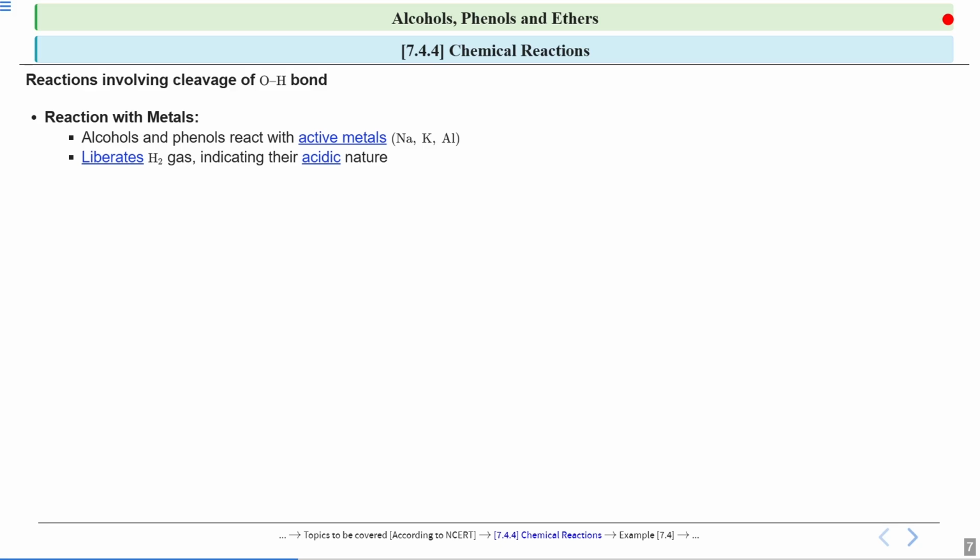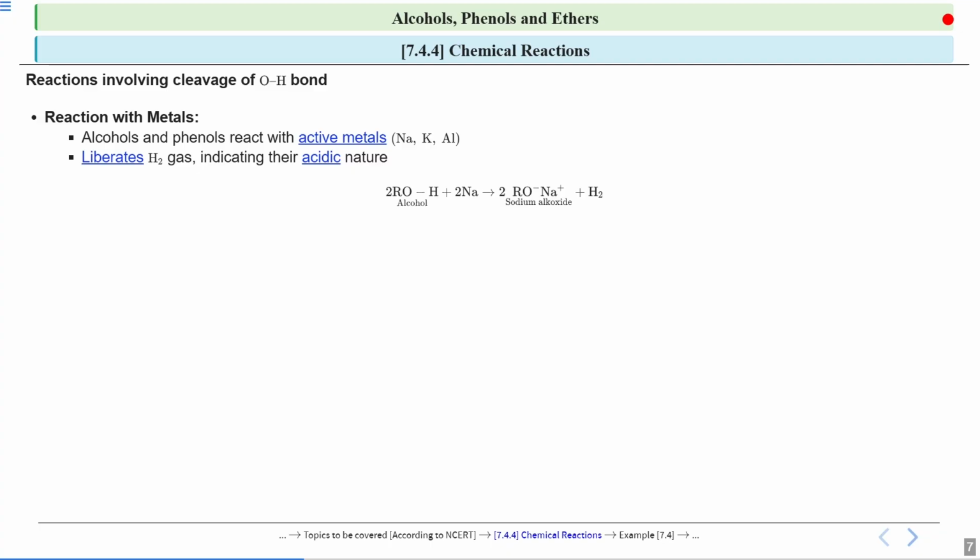So here also, when your alcohols and phenols react with metals, they liberate hydrogen gas. So what is this indicating? It is indicating that your alcohols and phenols are acidic in nature. Because they are acidic in nature, that is why when they react with metal, H2 gas is liberated. Okay, I hope this point is clear.